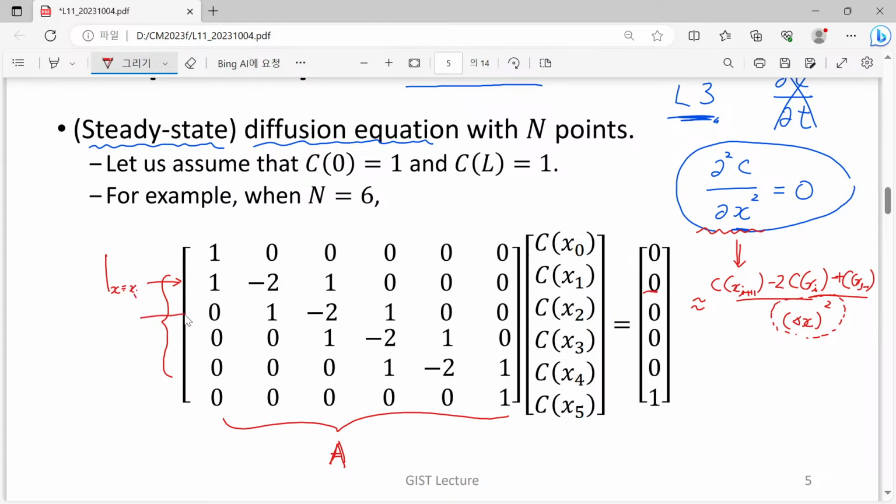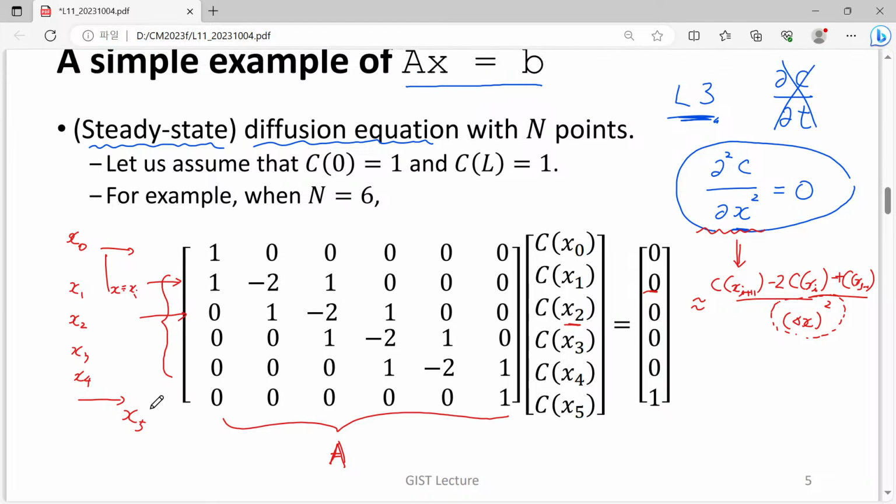And this third line says that the same quantity evaluated at x2 is 0. So now we are collecting the steady state diffusion equation evaluated at x1, x2, x3, and x4. For the other two points, x0 and x5, we just apply boundary conditions.